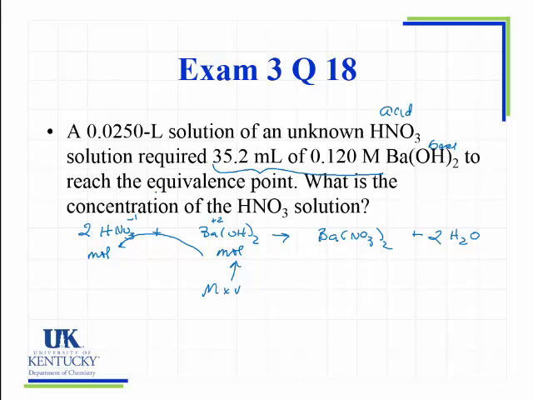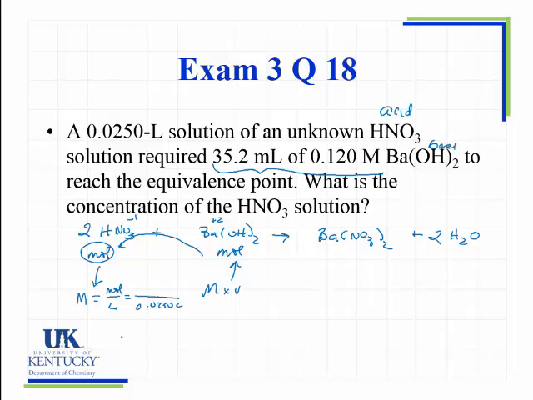They ask for the concentration, so we're going to go out to concentration. We know that molarity is moles per liter, and that's the concentration. So once I get moles, I just have to divide by liters, which I do know. The liters of the HNO3 is 0.0250 liters.